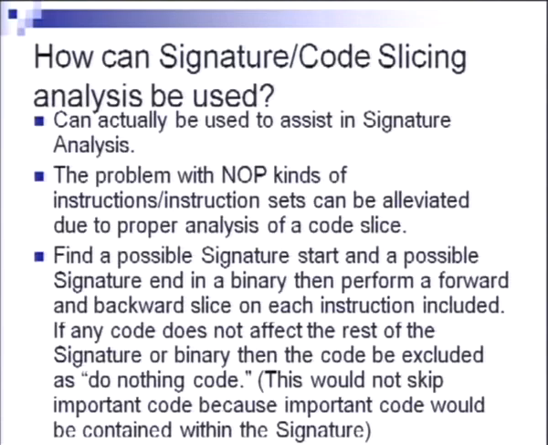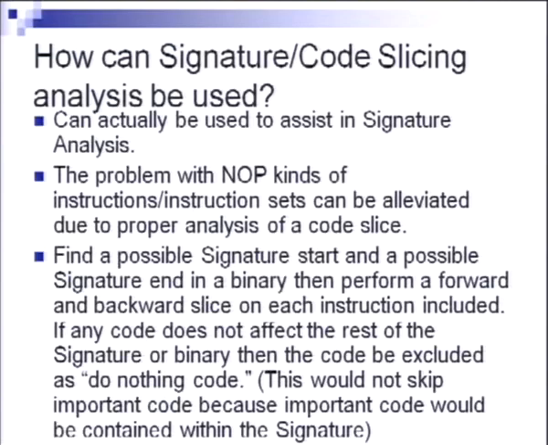So the problem that I was talking about with the no-op instructions, types of instruction sets, that can be alleviated here. We just run a code slice on the signature and find, getting ahead of myself. Find possible signatures in the binary, starting and ending instructions, and then run your code slicer through there.